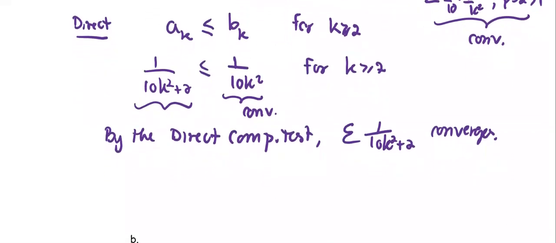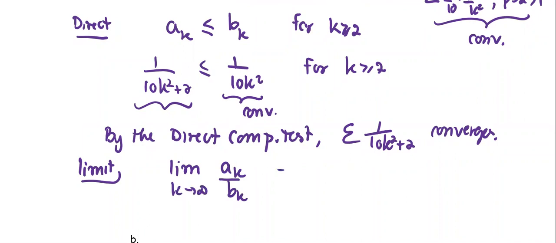We can also use the limit comparison test for this series, which is more convenient. The limit of the ratio a_k over b_k as k approaches infinity is the limit of 1 over 10k squared plus 2 multiplied by the reciprocal of b_k, which is 10k squared over 1.